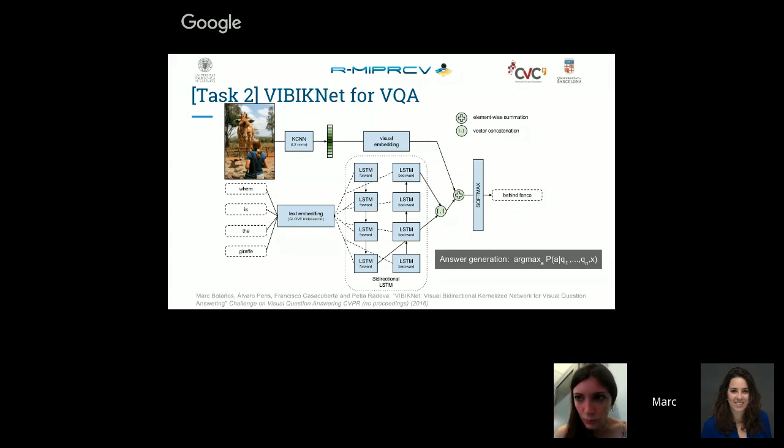Then the next question is between visual question answering and the translation one. In both cases you have a question and a sentence, and you cannot relate it to the image. What's the gain of having the image in this case? Well, in this case, it just generates the most probable answer associated to that question.